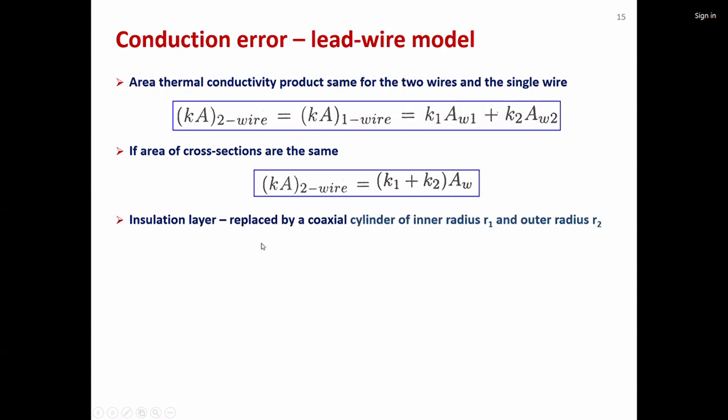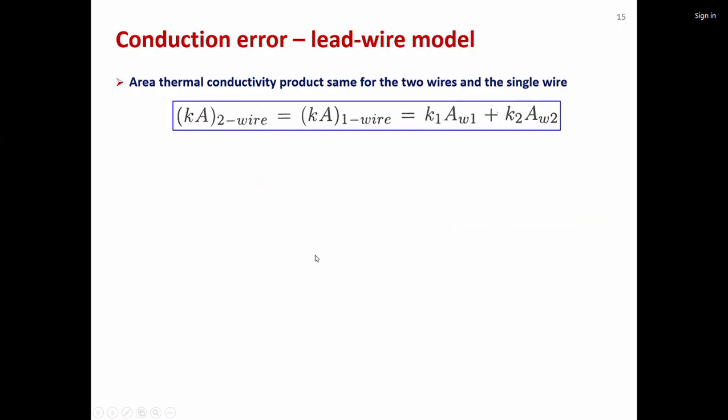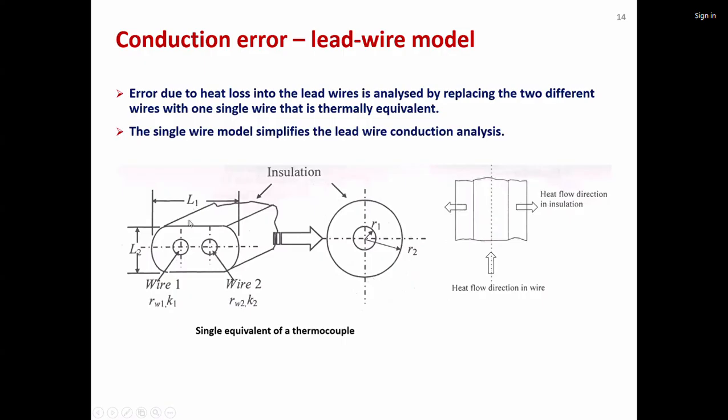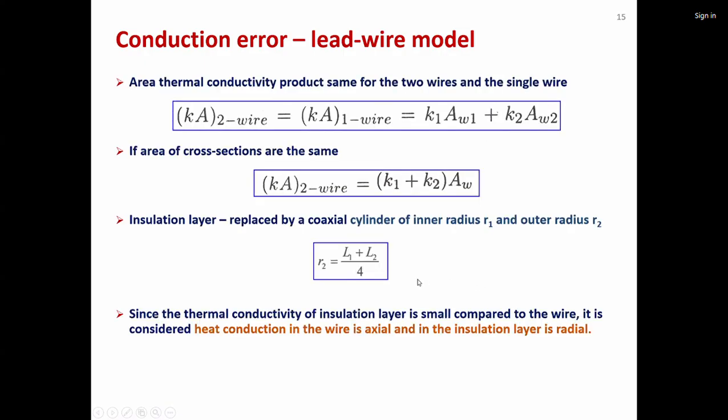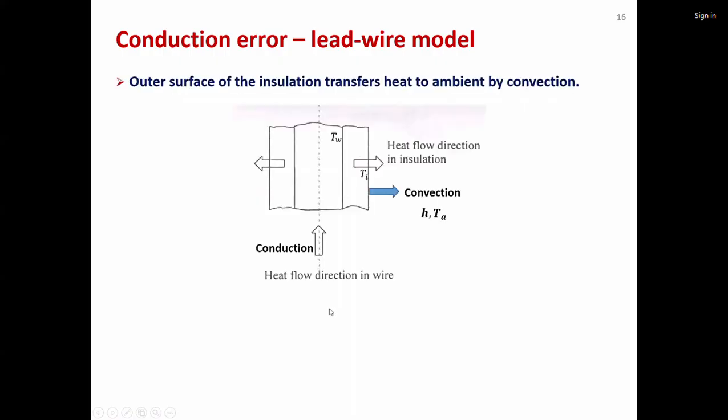And for the insulation layer, you again create an equivalent dimension. The outer radius is going to be L1 plus L2 divided by 4. So you have this model where you have conduction along the metal wire, then conduction across the insulation layer, and finally convection into the ambient.